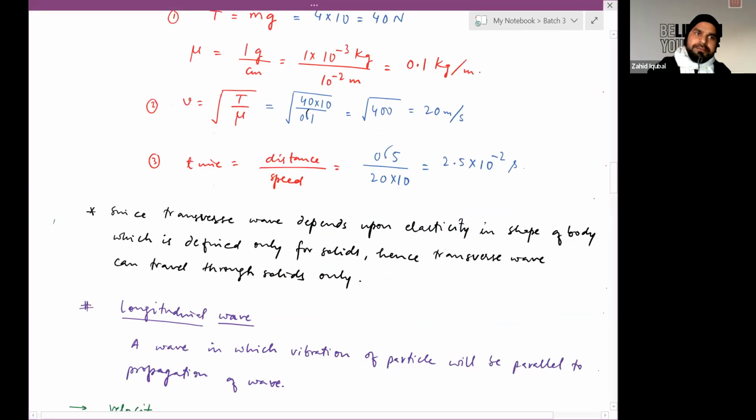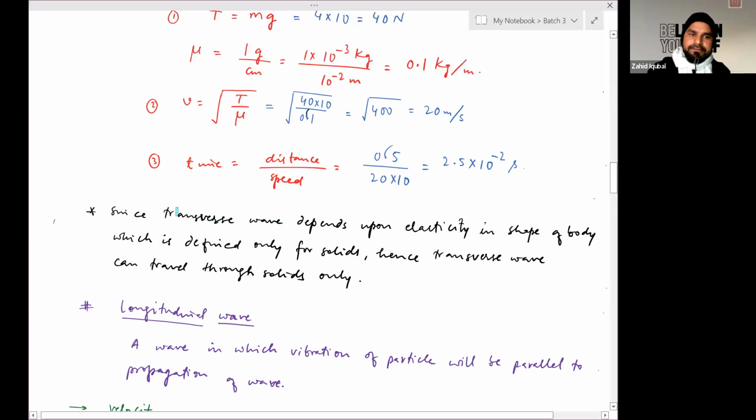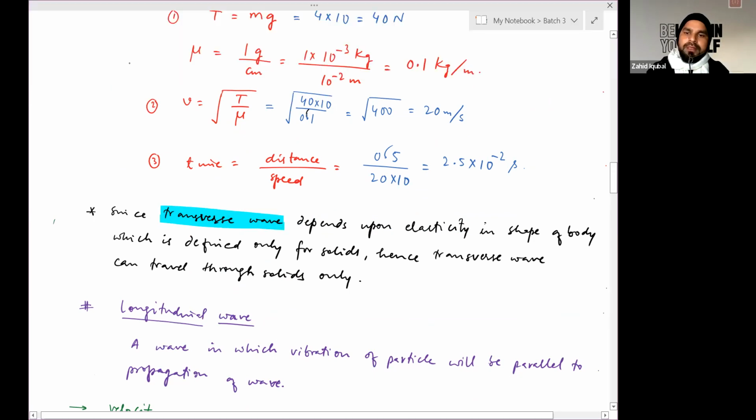This is the first part. In a transverse wave, it simply depends upon elasticity of shape of the body, and we can define shape only for solids. Hence, it can travel only through solids.